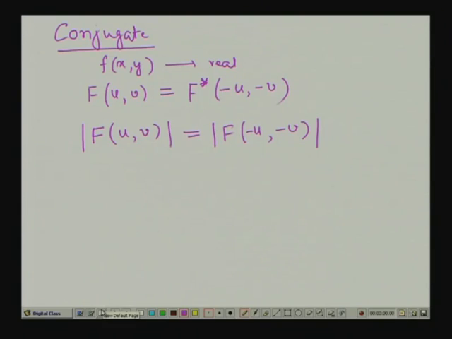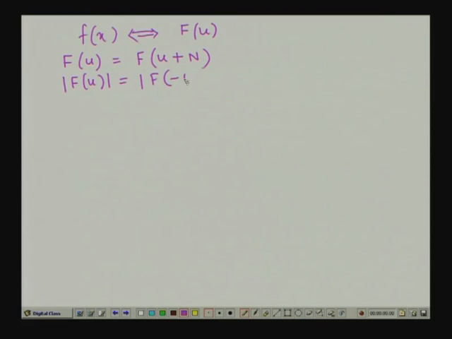So, if we have a one dimensional signal, say f(x), whose Fourier transform is given by capital F(u), then as we said, the periodicity property says that F(u) is equal to F(u+N), and also the Fourier spectrum |F(u)| is the same as |F(minus u)|.